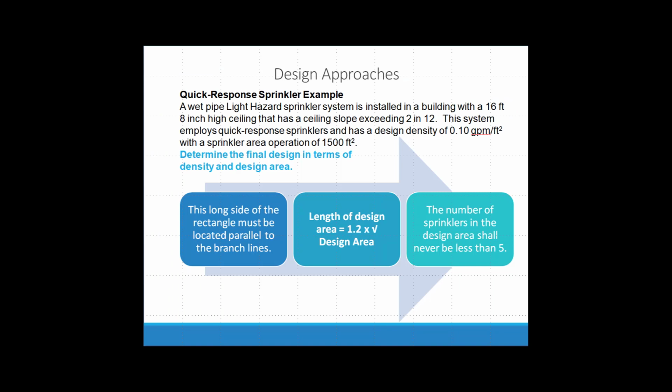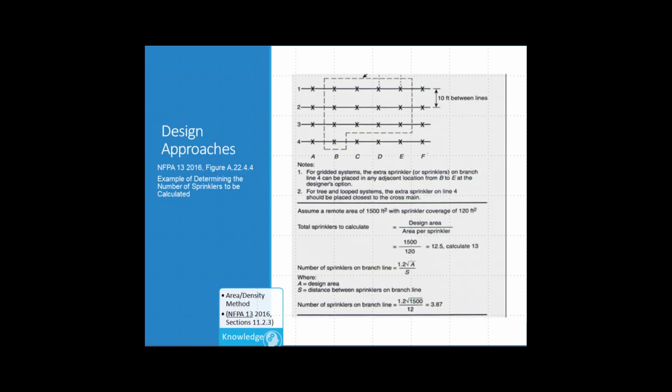Total number of sprinklers in the most remote or most demanding area shall never be less than 5 sprinklers. Figure A.22.4.4 is how we determine the number of sprinklers to be calculated in the most remote area.